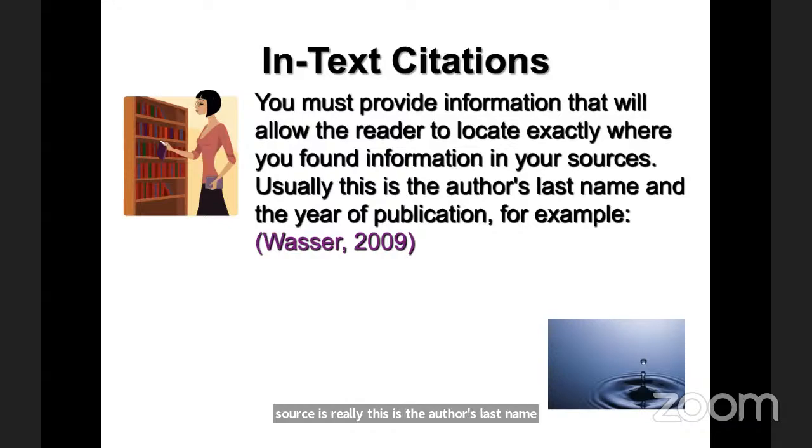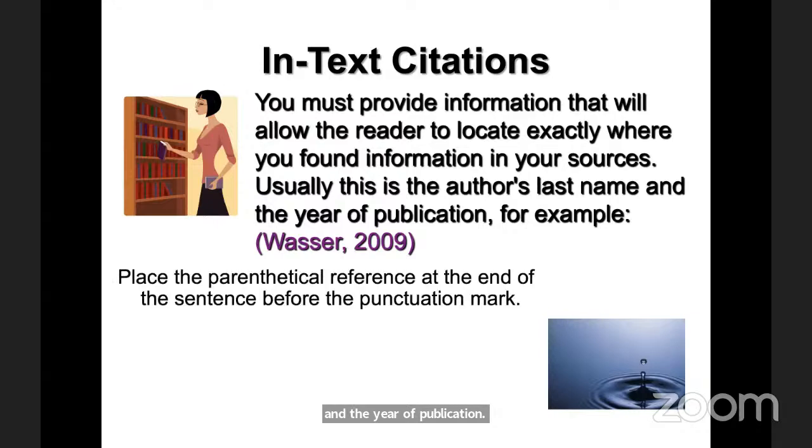When you have one author, you just put the author's last name, comma, and then year, with brackets on both sides. That is how you provide the in-text citation inside the text.